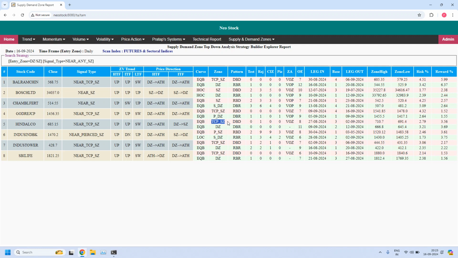Next, Hindalco is also having a daily high liquidity supply zone. Indus Towers is also having a daily high liquidity supply zone. And SBI Life is also having a daily high liquidity supply zone. A total of 5 daily high liquidity supply zones were identified from this list.